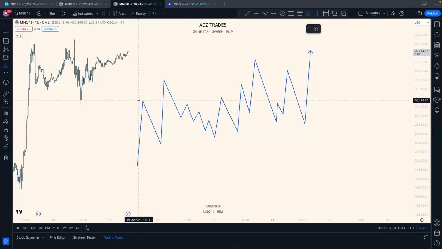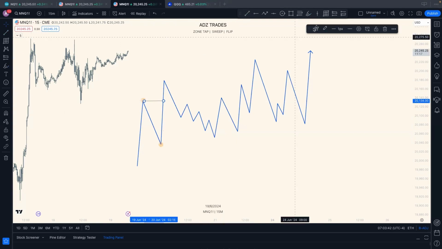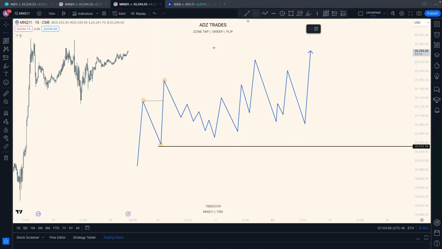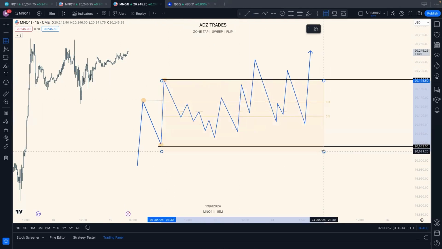So we have a high. We had a low. We broke structure. So now we have a new high. So now our range is between this low and this high. All we are focusing on is between here and here. That's all we're focusing on, this highlighted area here.